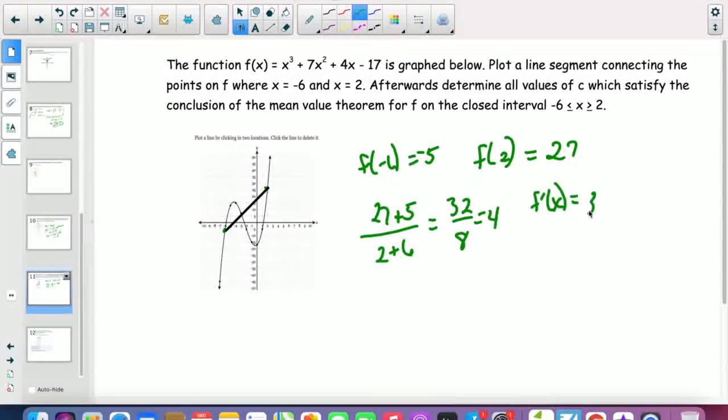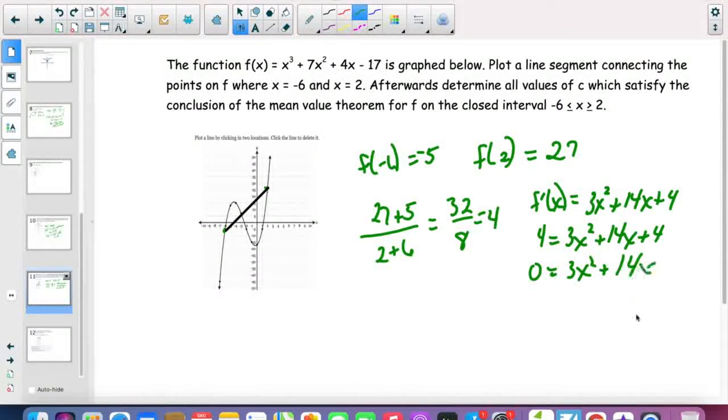So f prime of x is 3x squared plus 14x plus 4. And I need to set that equal to 4. So 4 equals 3x squared plus 14x plus 4. And if I subtract the 4 over, 0 equals 3x squared plus 14x.